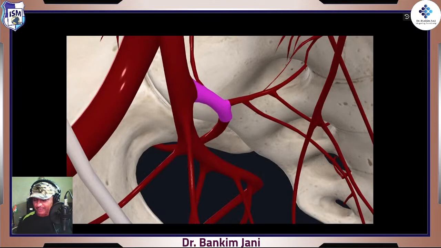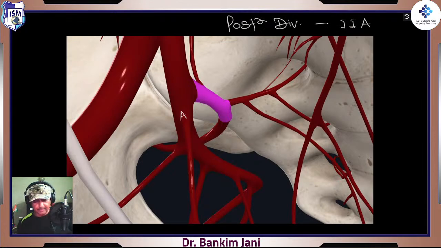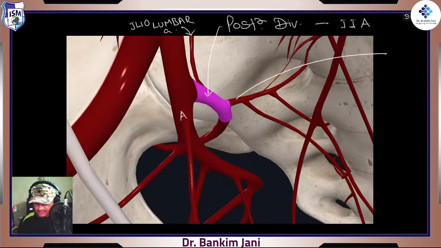So this is the posterior division of the internal iliac artery. That one is anterior, but over here is the highlighted part, the posterior division. Now in the posterior division, there were three arteries. Iliolumbar, which was going up, is this one.